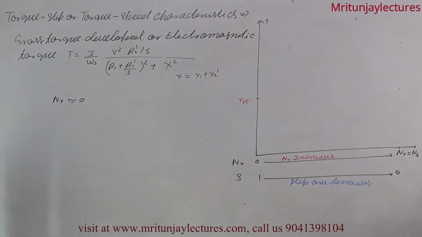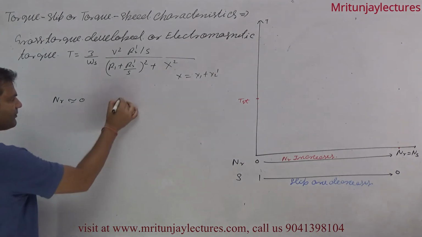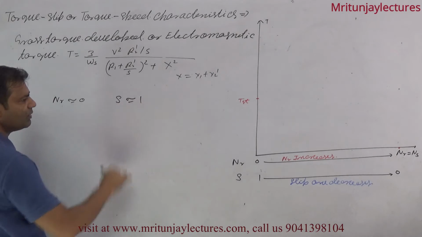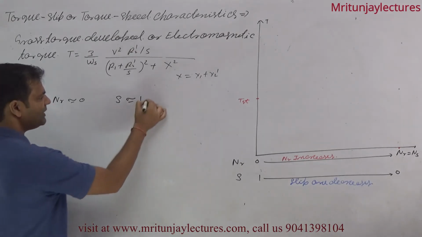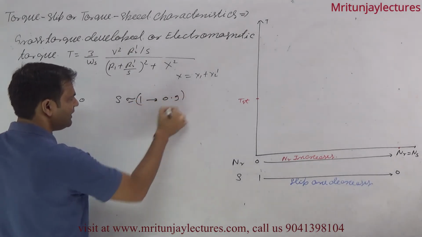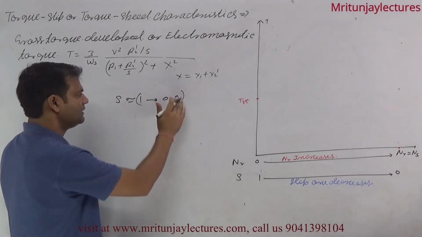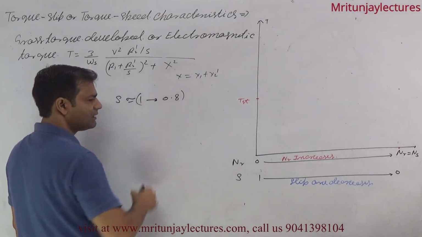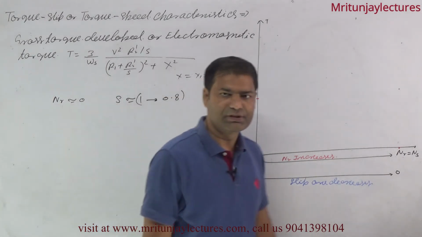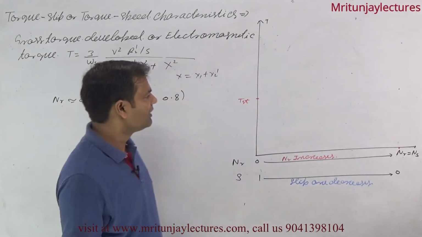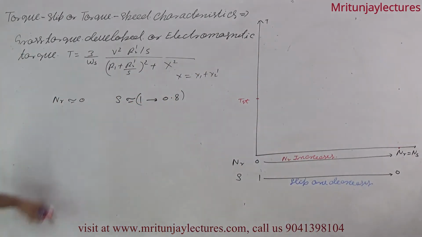What about slip? Closer to 1. This one is closer to 1. You can say that slip varies corresponding to 0.9 or 0.8. In this duration we have checked. What about the characteristic of torque?